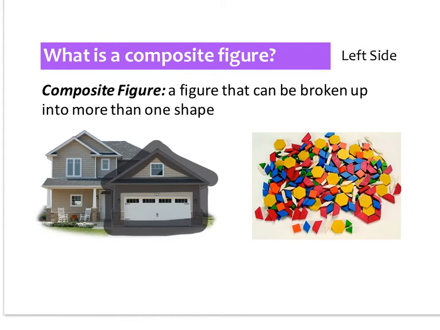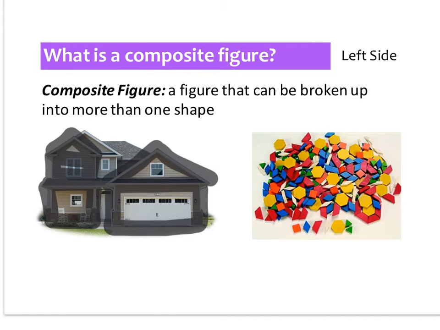So now we've got rectangles and triangles. We've got another rectangle here, another triangle there, another rectangle here. So there are so many different shapes that make up this house, and that's what makes it composite, because we can't say this house is a rectangle or this house is a triangle, because it's not. It has a bunch of different shapes.